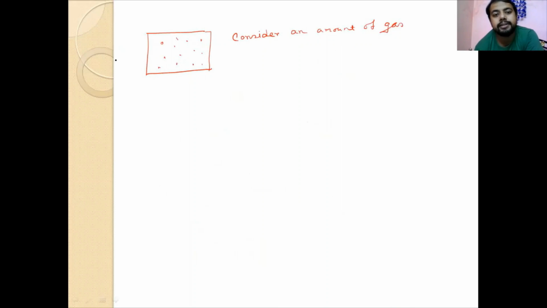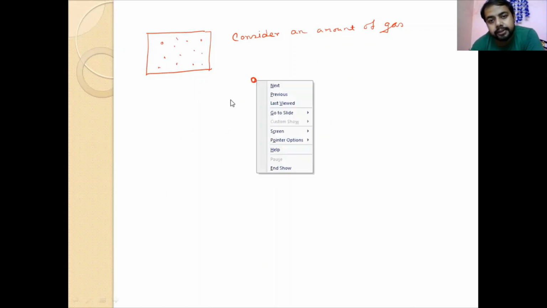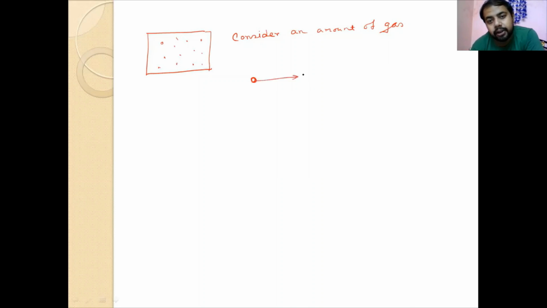Now each molecule, if you consider at the molecular level, can translate along the x-axis, along the y-axis, and along the z-axis.